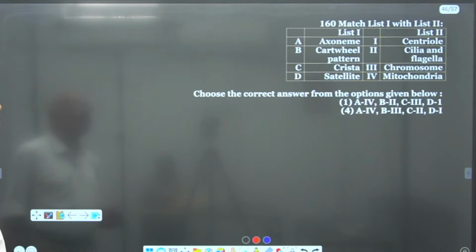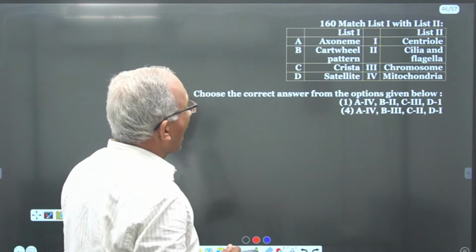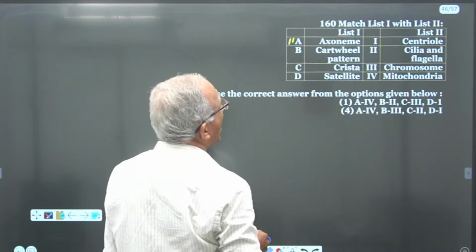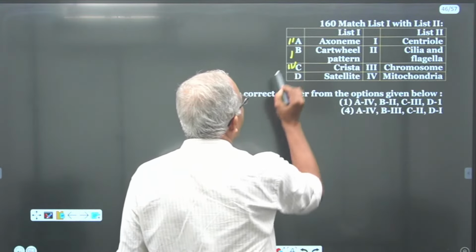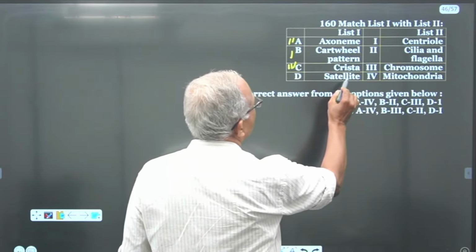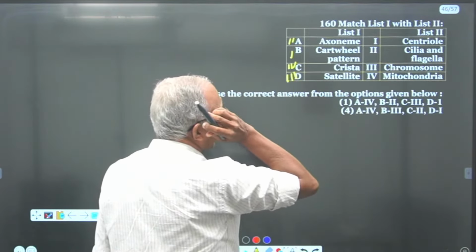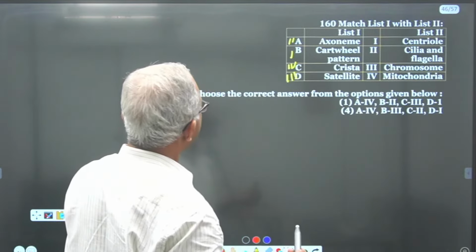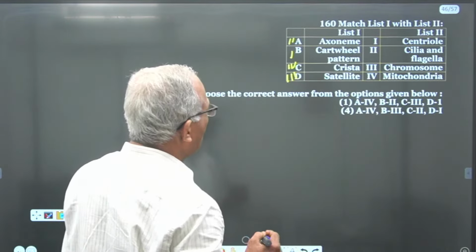Next, match the following. Axoneme can be matched with the cilia and flagella. Cartwheel pattern is centriole. Cristae is mitochondria. Then satellite, it is chromosome. There is only one option with A2.